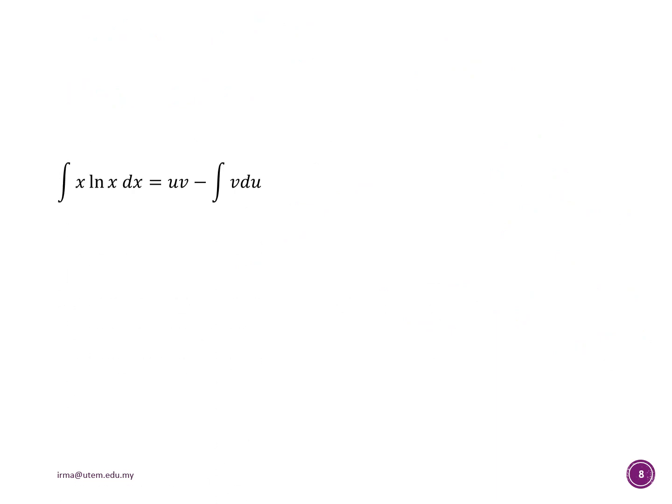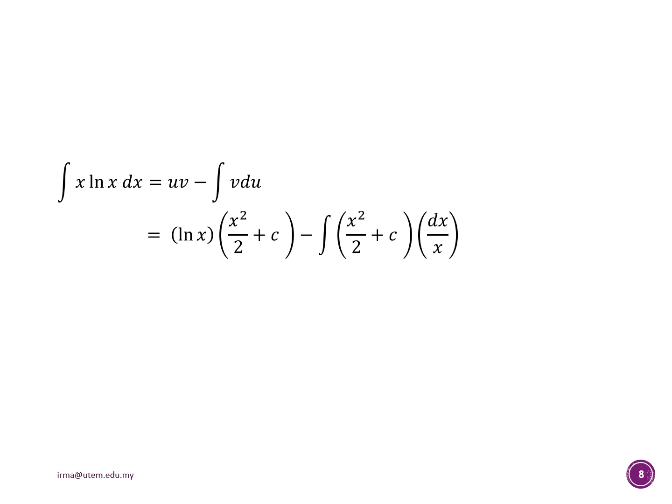Now by using the formula, we can substitute. Just now we have u equal to ln x, and our v is equal to x squared over 2. The plus c is actually optional because c is a constant.